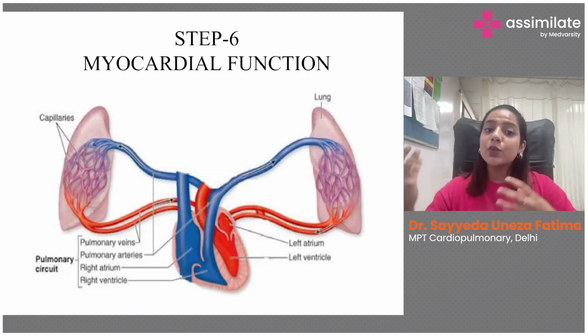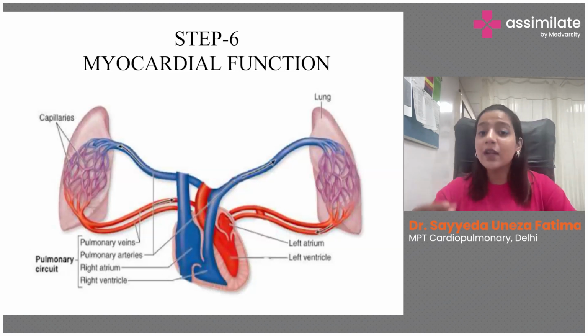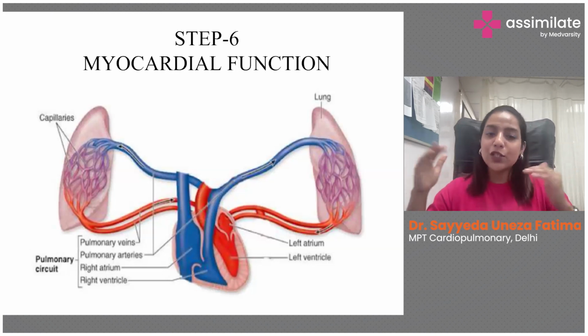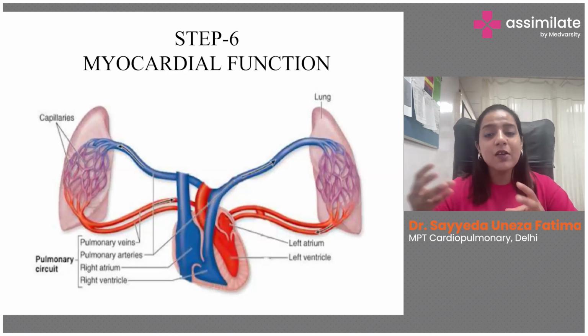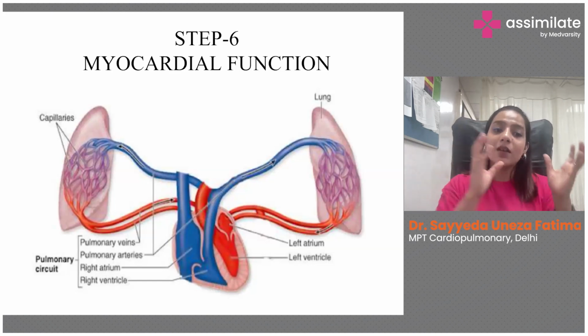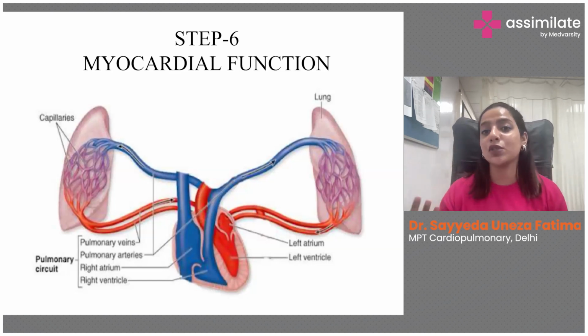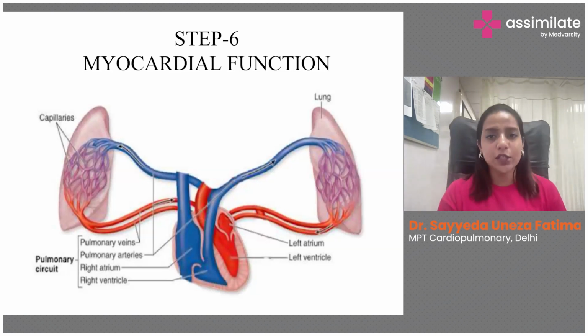That is why in conditions of heart pathology, the oxygen will drop, the saturation will fall, and the patient will manifest symptoms like shortness of breath, fatigue, and cyanosis. So you need to check the lungs as well as the heart when the saturation is dropping and supplemental oxygen is required.